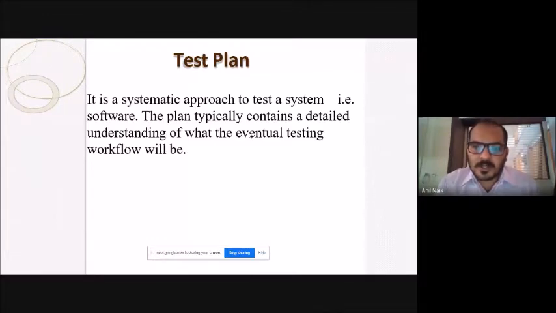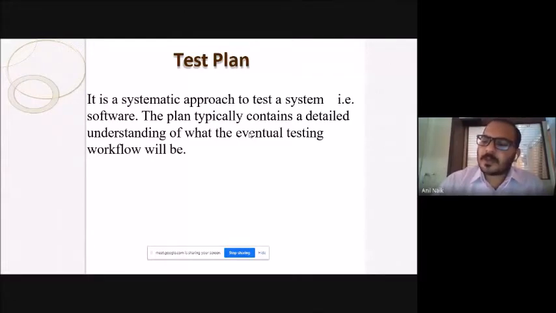For this session, we planned 2-3 days back. You have the schedule for the class, all the subjects, because the lectures are going on as per the plan. So planning is very important for any task, not only software development or software testing. In our day-to-day life also, the test plan is very important.